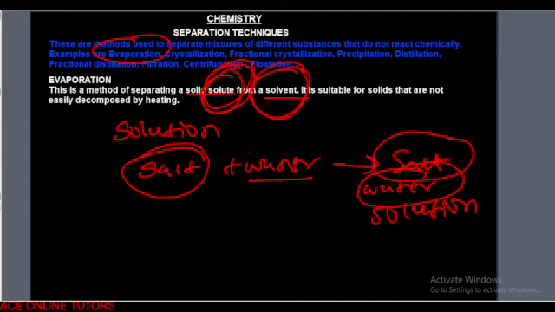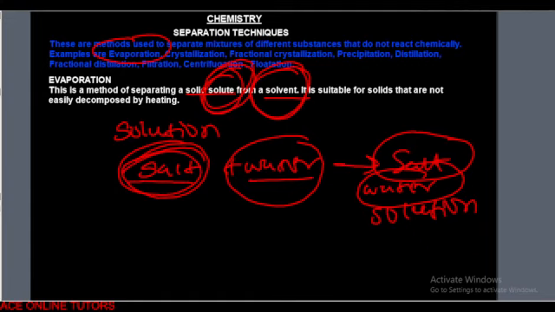Now what do you call a solvent? Now our solvent here is water, so the solvent is the one that dissolves another one. So it is not every time, note, that your solute is going to be a solid, because sodium chloride is actually a solid, and your solvent is also going to be a liquid. In most cases, majorly, the solvent is always a liquid.